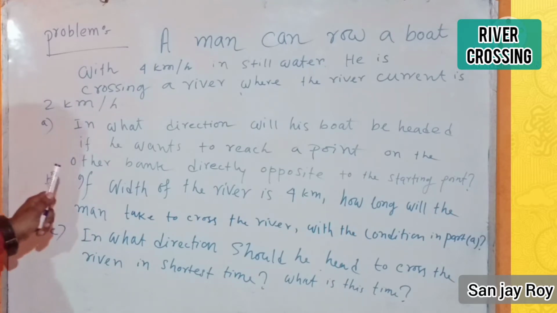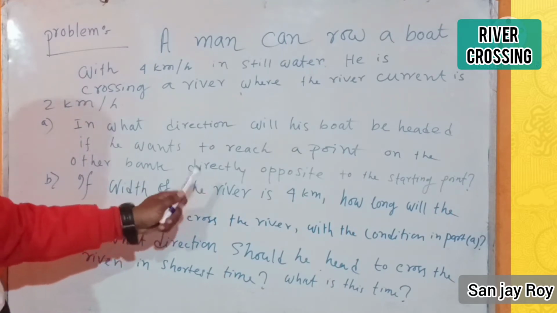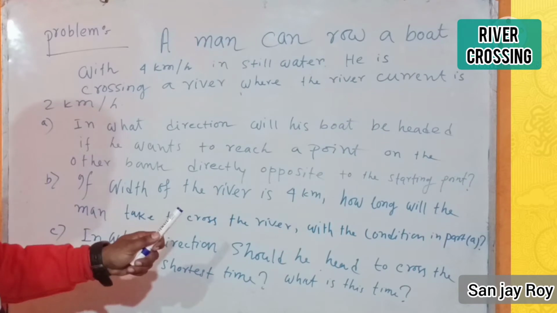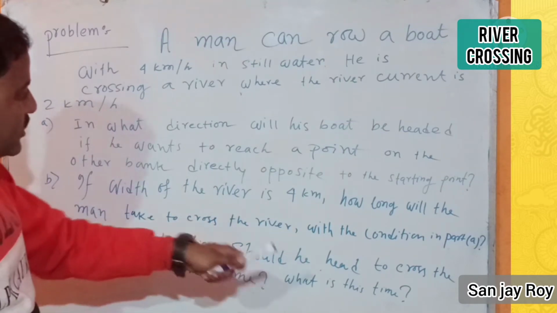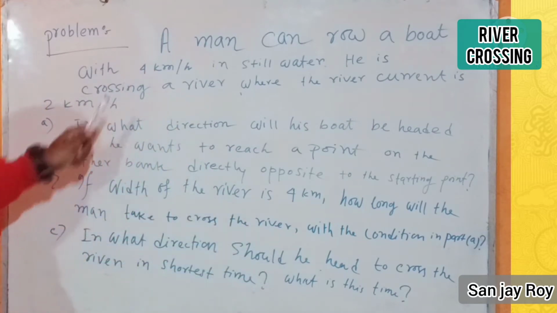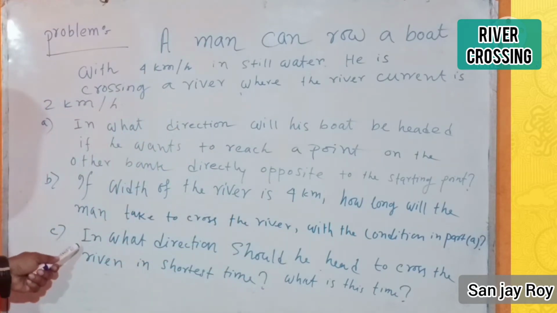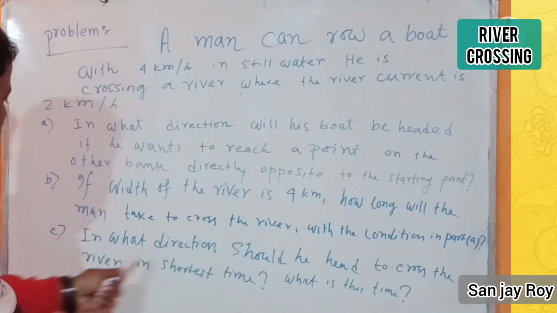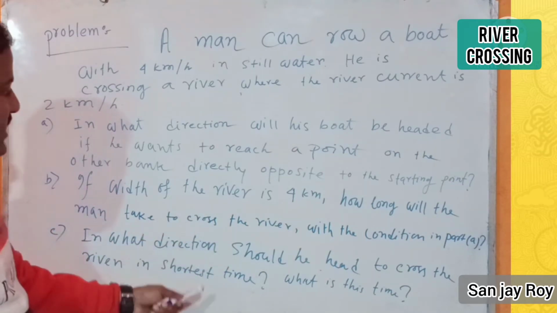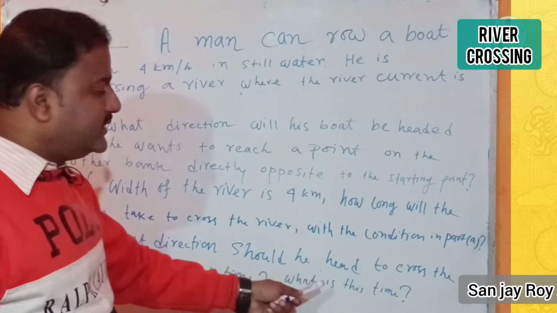Question B. If the width of the river is 4 km, how long will the man take to cross the river with the condition in part A? And third question, in what direction should he head to cross the river in the shortest time, and what is this time?